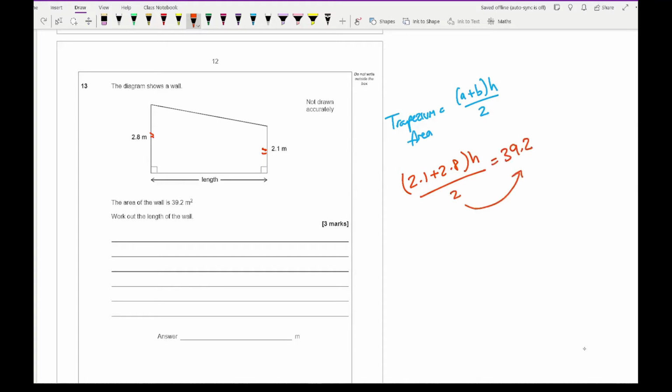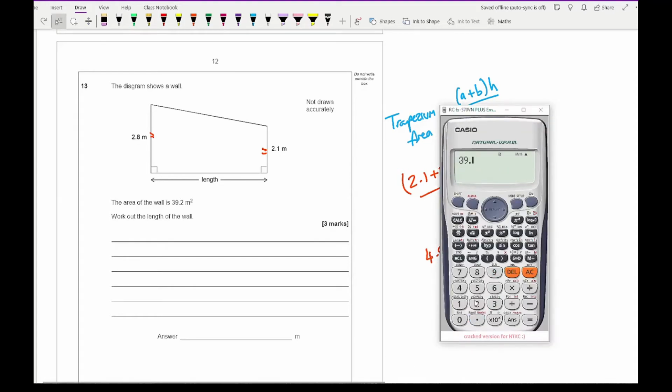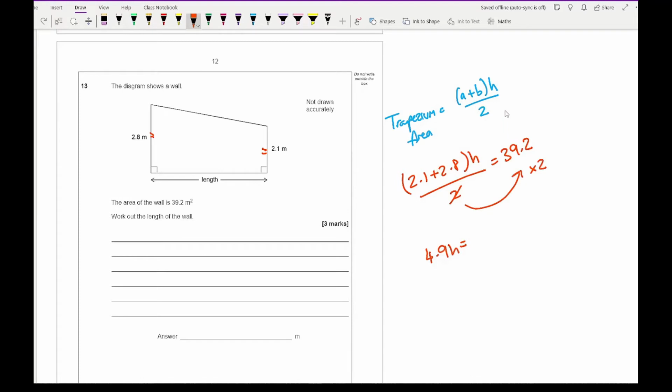So what I'm going to do is take the 2 over to the side by multiplying by 2. Then what I've got is 4.9h equals 39.2 times 2, which equals 78.4. And then if I divide by 4.9, I get what h is.